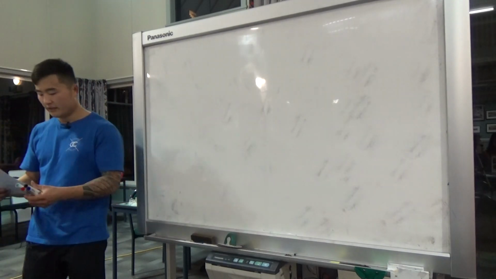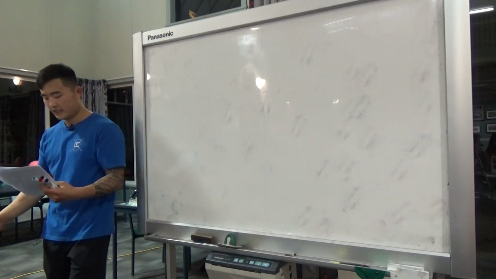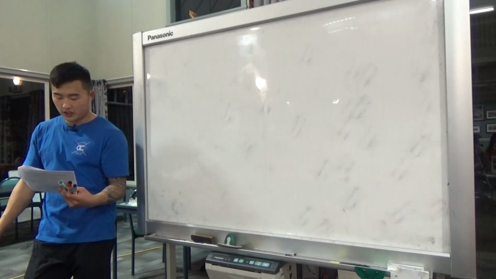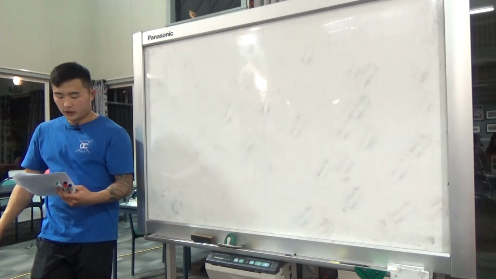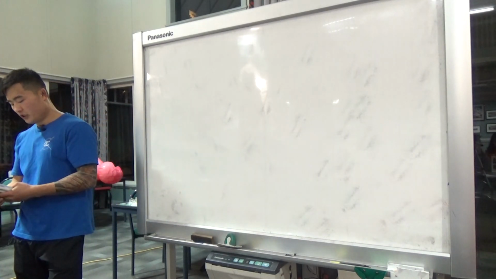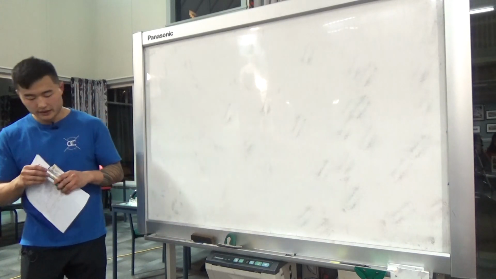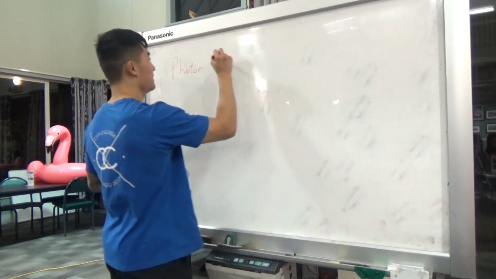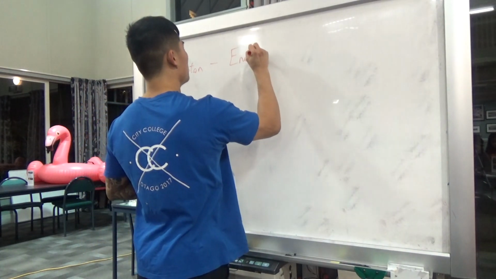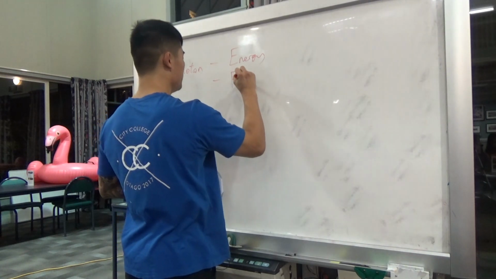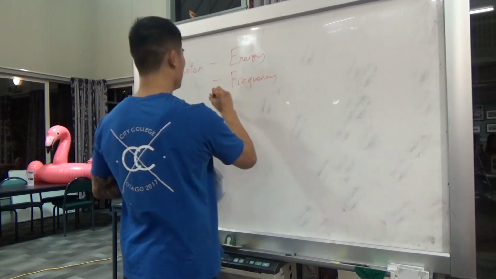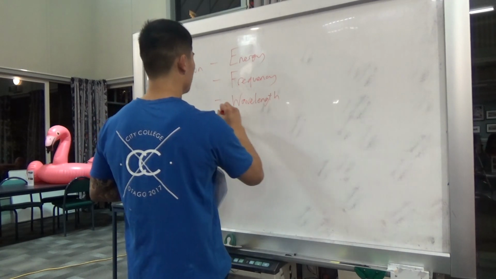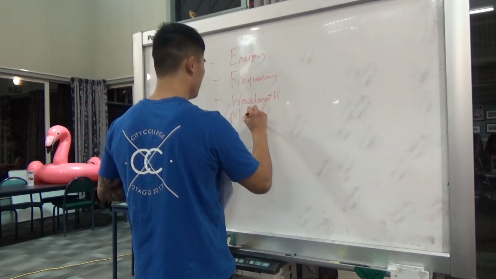Number 10, barium emits gamma radiation with an energy of 662 kilo electron volts. What's the momentum of each of these gamma photons? All right, so remember that if you have a photon, it has 4 properties. It has energy, it has frequency, it has wavelength, and it has momentum.